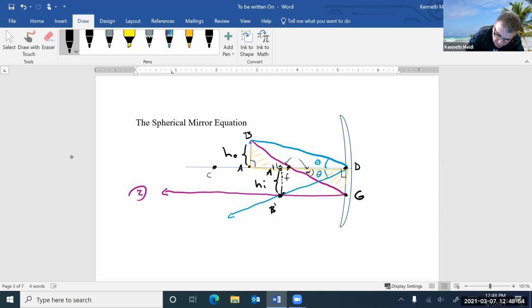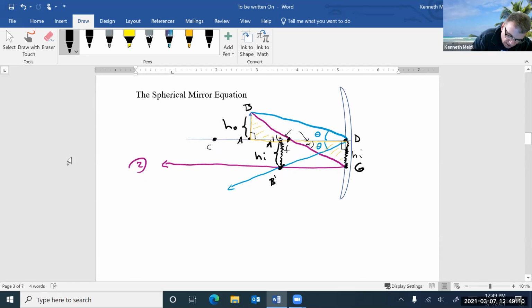And then if I look at this side right here that I'm scratching out in black, that looks like the same size as what's here. So that might be HI sitting over there. But those two triangles are similar. And so I've got some proportions I can write down.